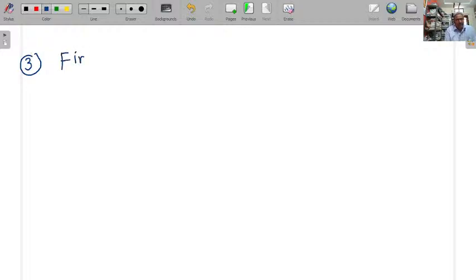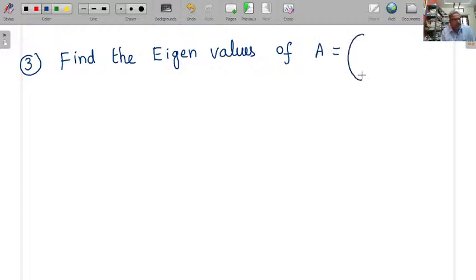Find the eigenvalues of A equals minus 2, 2, minus 3, 2, 1, minus 6, minus 1, minus 2, and 0.